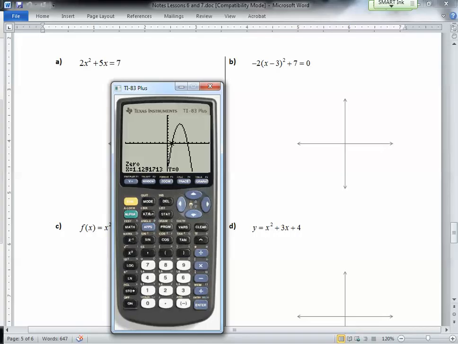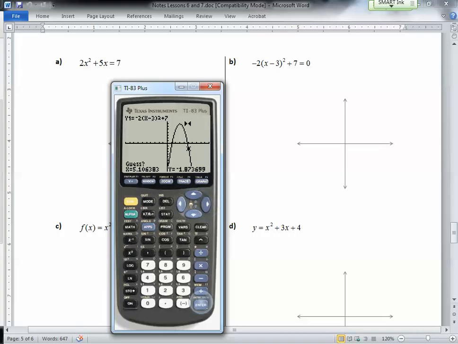Okay, so let's do the same thing for the second one. I need to repeat the whole process. Okay, so what do I press for the second one? Second calc, 0. You repeat the entire process. The only difference is when it says left bound, we need to be left bound of my second 0 over here. Okay? So on the other side. Yep. I hit enter. I go right bound of it.